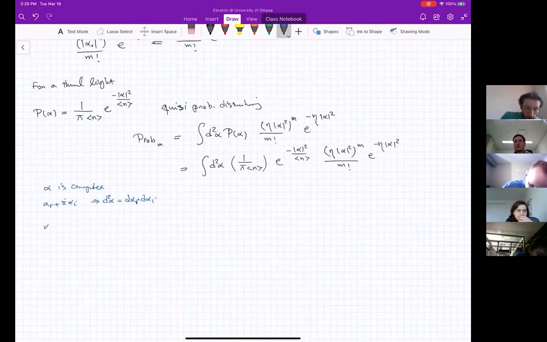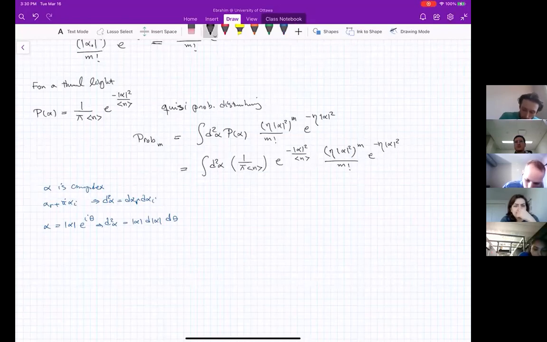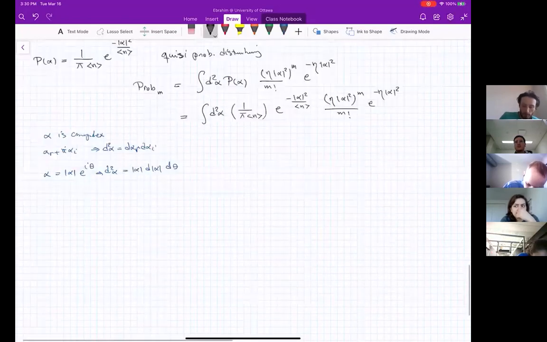Then you can define alpha as the absolute value of alpha times e to the power of i theta. Then d2alpha looks like absolute value of alpha, d absolute value of alpha, d theta. These are the two ways that you can look. Depending on the situation, you can go with either way. Good. So let's do that.